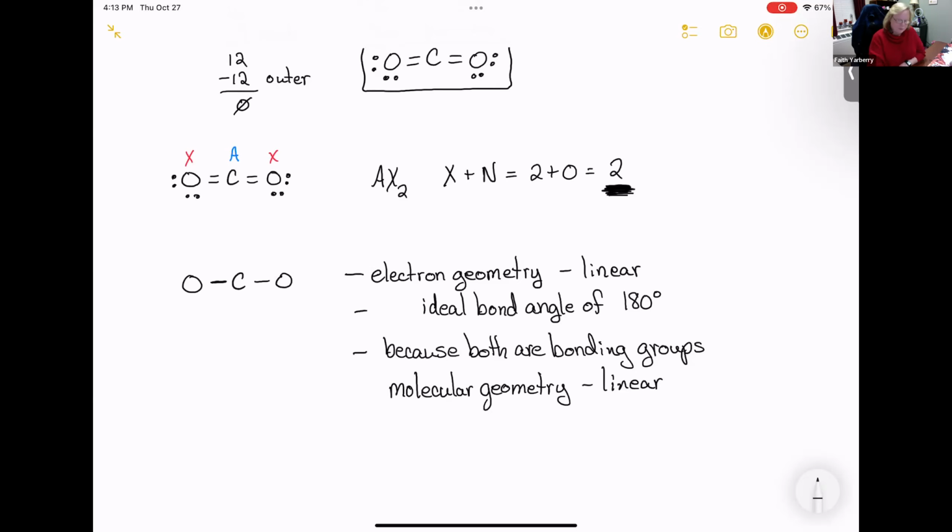Now, that takes care of determining the electron geometry, it takes care of determining the molecular geometry, and it takes care of determining the ideal bond angle. The next thing we need to do is determine hybridization. And again, that's going to be based off of this number.